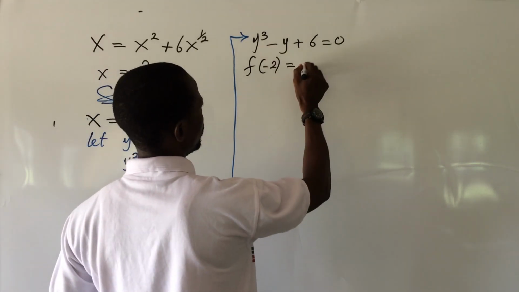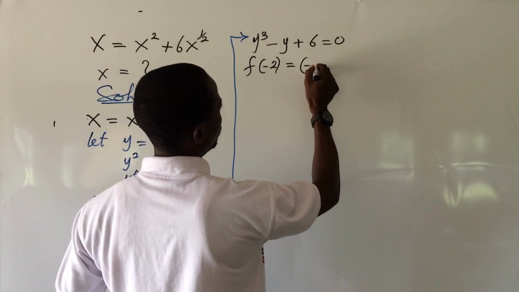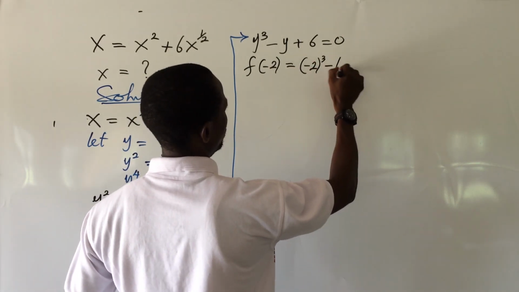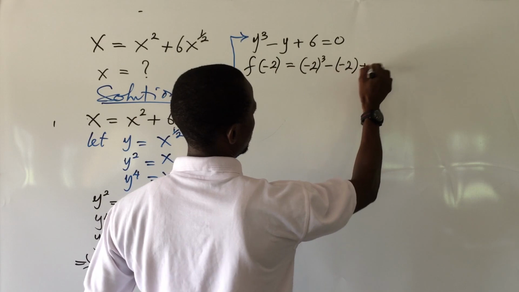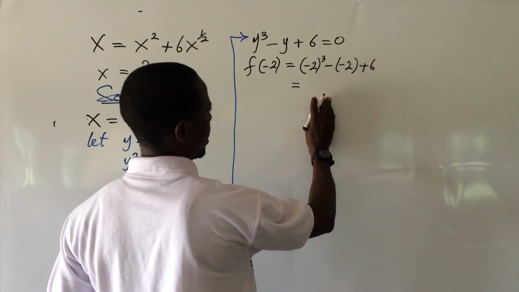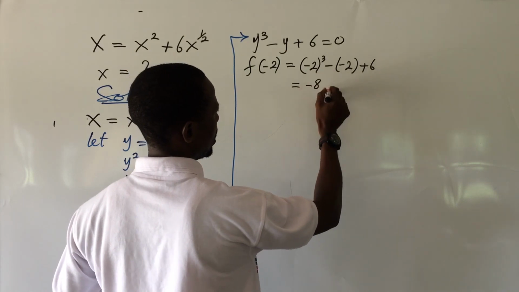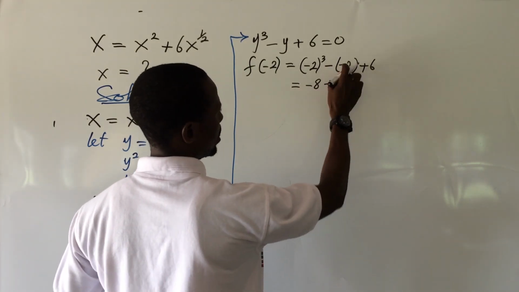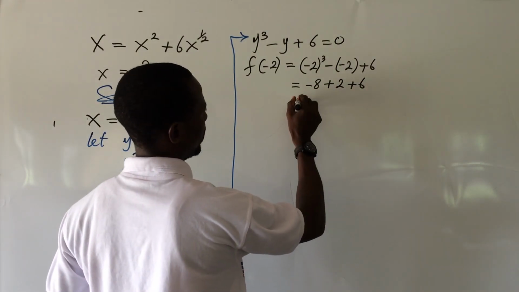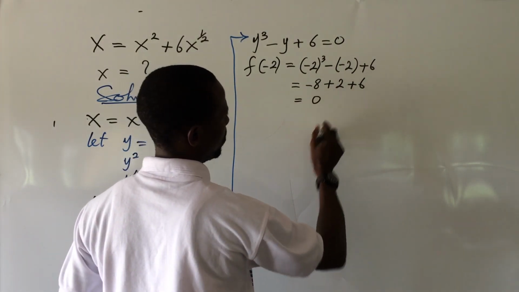So this will give us here bracket minus 2 to the power of 3 minus bracket minus 2 plus 6. So this will automatically give us minus 8 plus minus times minus plus 2 plus 6. And you discover that this will give us 0.